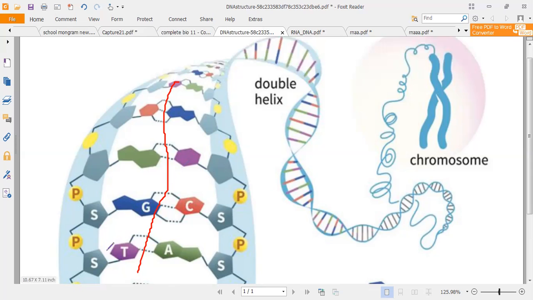We know that in place of thymine there will be uracil in RNA. Now this RNA which is formed here is called messenger RNA. It takes the message of that part of the DNA, or the part of the gene, whose character has to be transferred to the next cell or next generation.